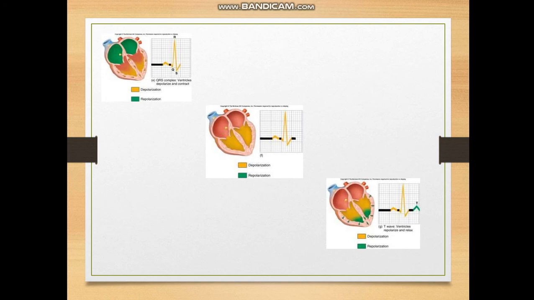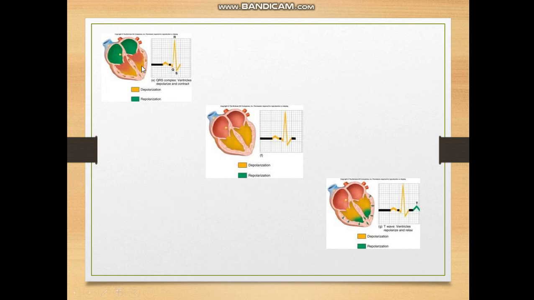It is not shown on the graph, but it is somewhere embedded in the QRS complex. The atria has been repolarized, green, and the wave of repolarization is not shown because a strong QRS complex has taken that back.